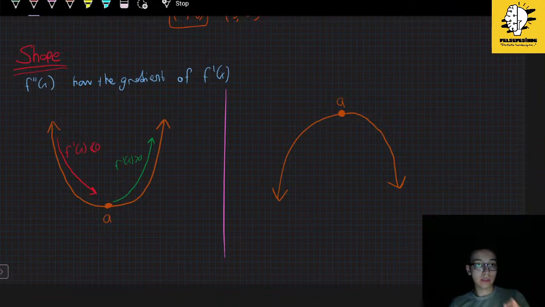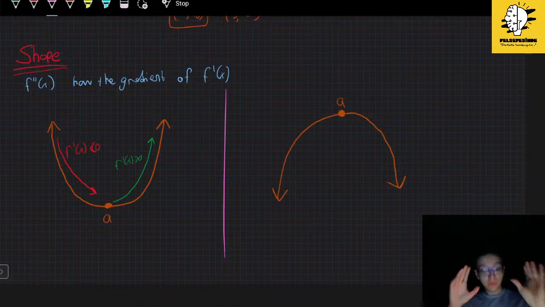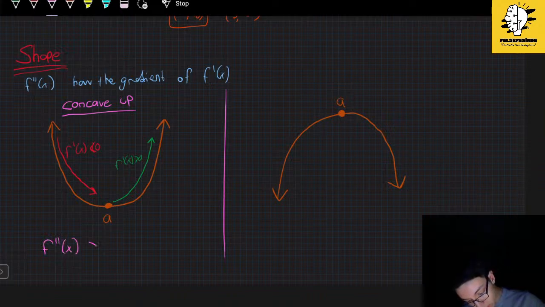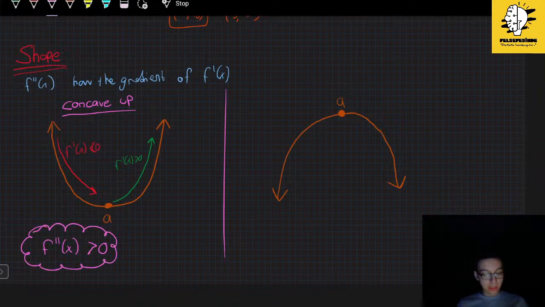Let me tell you one thing that will make your drawings much easier. If we have such things, for being concave up, and concave up means U-shape, straight U-shape, f second derivative of x is greater than 0. Because we know that the rate of change of gradient function is increasing.